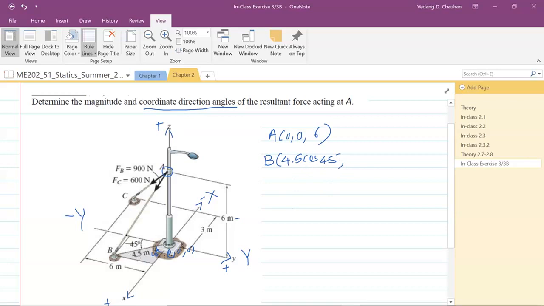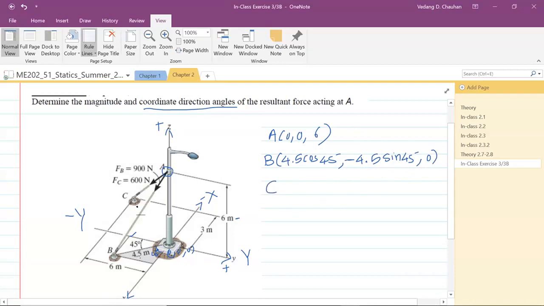The y coordinate is along this direction, this distance measured from origin, and that distance is also 4.5 sine 45, but it's negative because it's going in the negative direction. So it's minus 4.5 sine 45. Since it is in the xy plane, it does not have any z coordinate, so z is 0.